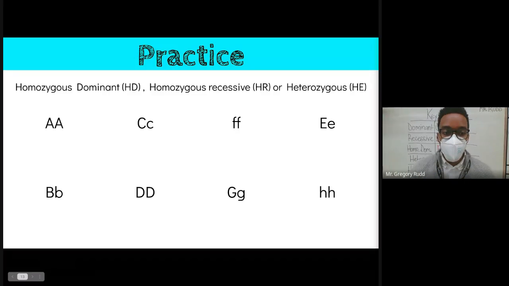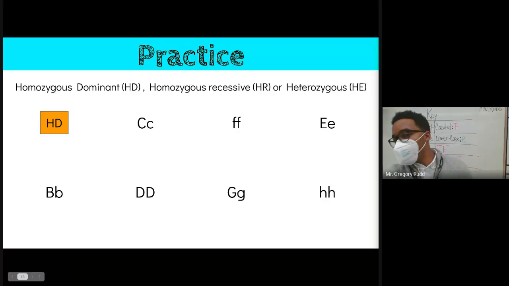The first thing we need to look at, are the letters the same? Yes, they're both capital here. They look the same. They are the same. They code for the same trait. They're both dominant alleles. They're both capital letters. And then the second thing we really needed to determine, but I kind of just gave it away, are they capital or are they lowercase? They're both capital letters. That means that they are representing the dominant allele. So this is a homozygous dominant combination.